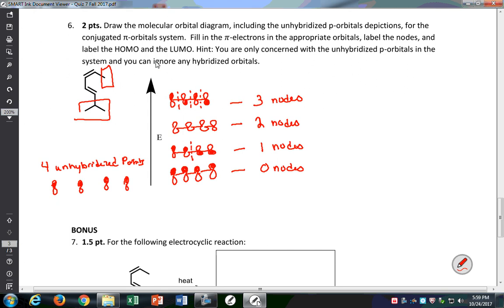Now you can start with red down, that's irrelevant, as long as the shading's all on one side until you get to a node. So again, the red just represents that they're all alike, and the unshaded just represents it's all alike. And then this one is 2 nodes, so the only way to allow symmetry is to have them here. So every time I get to a node, I alternate.